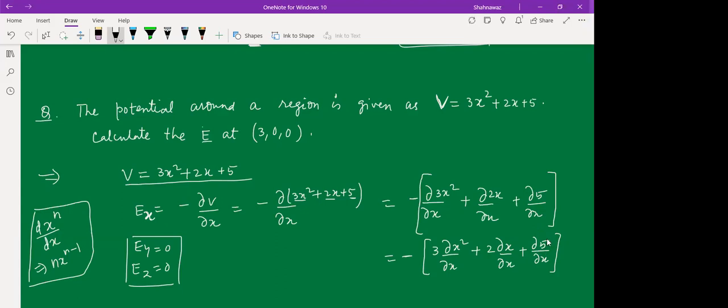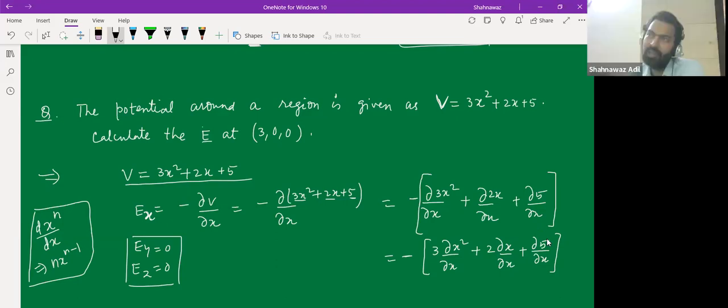It's 1, sir. Okay, so let's say that differentiation is calculating the change, right? Differentiation is about calculating the change with respect to another quantity. So you are calculating the change with respect to x.